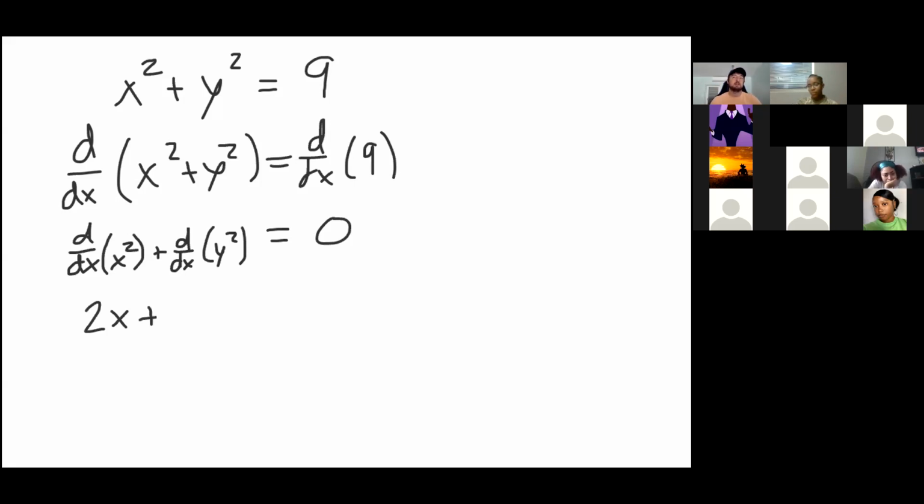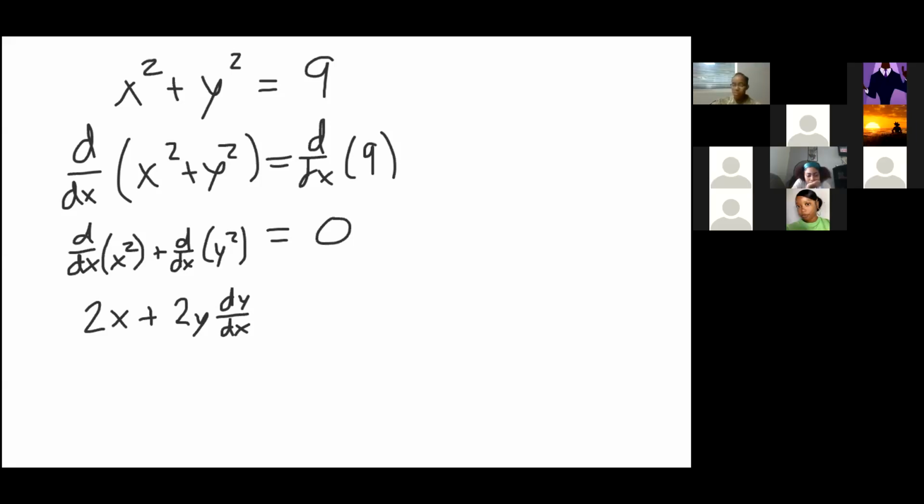But what did we just say the derivative with respect to x of y squared is? What did we say the derivative with respect to x of y squared is? 2y dy over dx. How y changes as x changes.